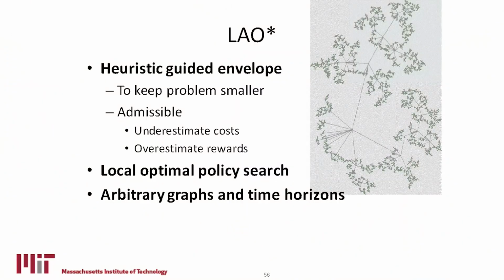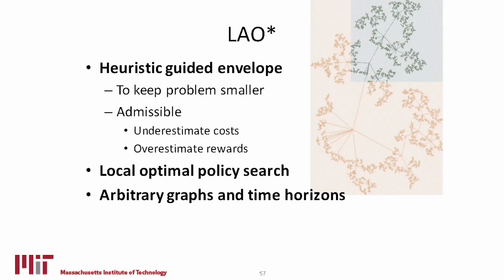So we're going to use the LAO star algorithm. We're going to talk about the three main things that it's good for. It has a heuristic guided envelope, and what that means is that we have our large state space here, but we're only going to look at a portion of it, this grayed out portion. We're only going to look at the portion that is interesting to us, the portion that provides us with the biggest rewards, the portion that's reachable if we follow an optimal policy.